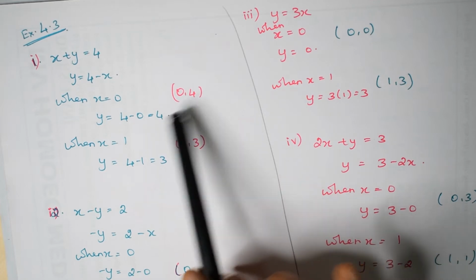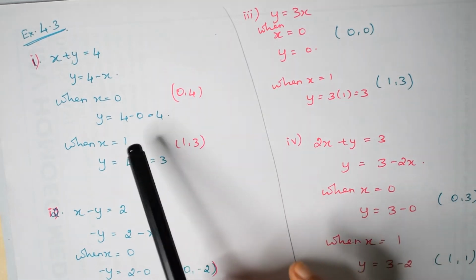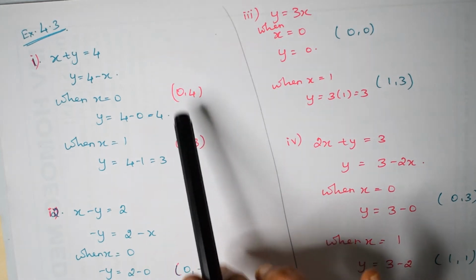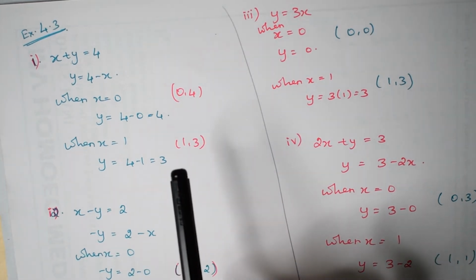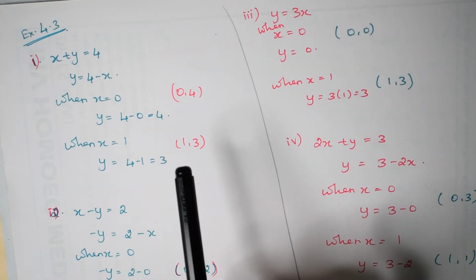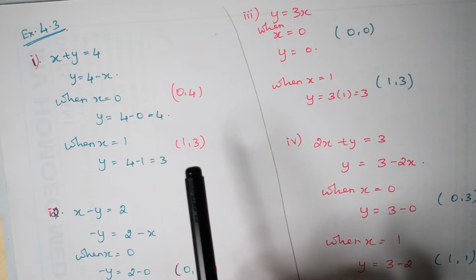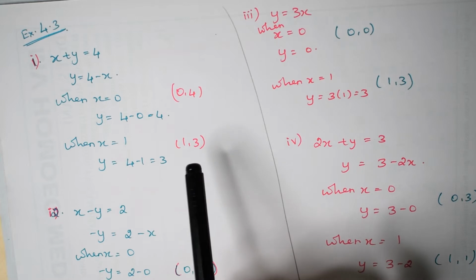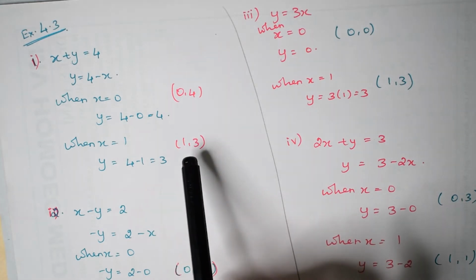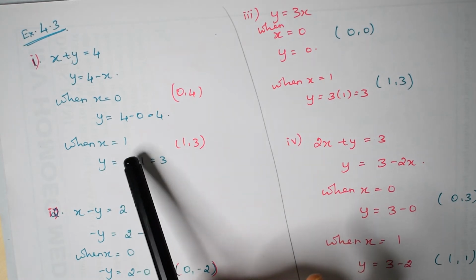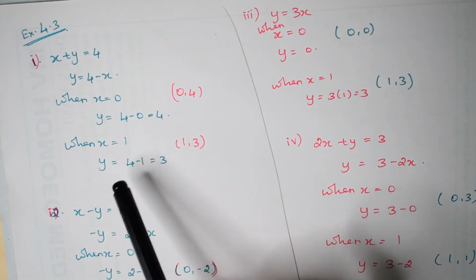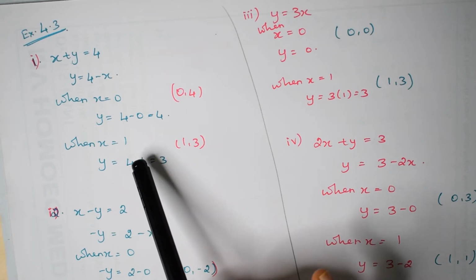We can find any number of points lying on the line. We are just marking 2 points so that we can draw a line. We just want to know how points represent a line, so we are just finding 2 coordinates, that's all. When we substitute x, we can use any value.